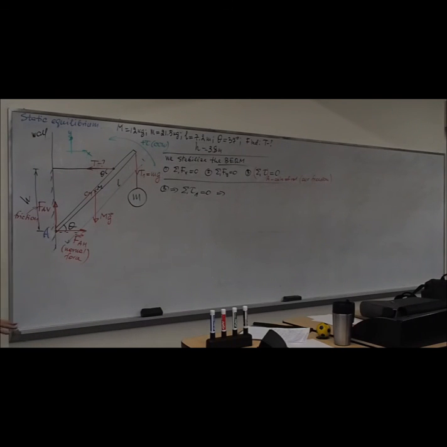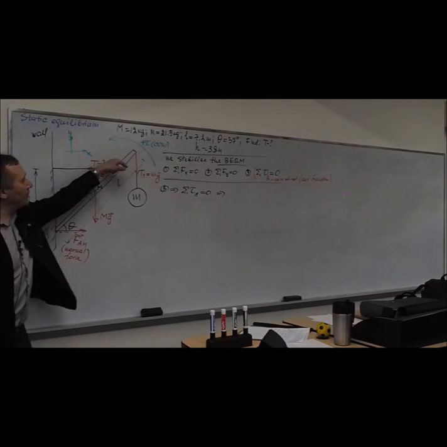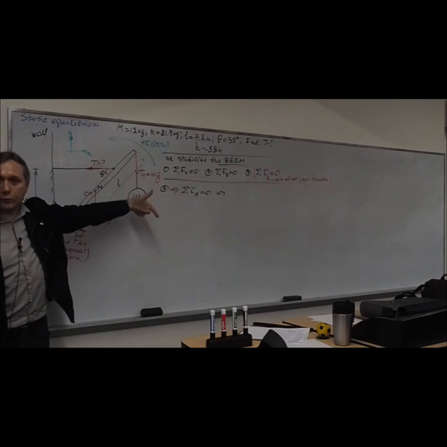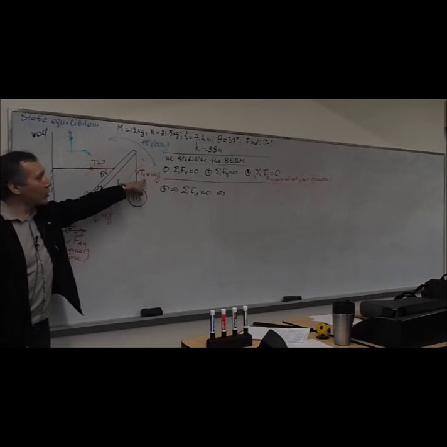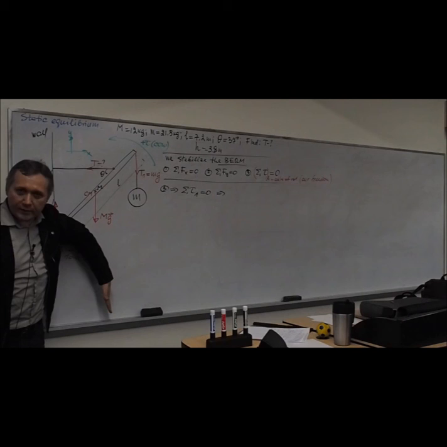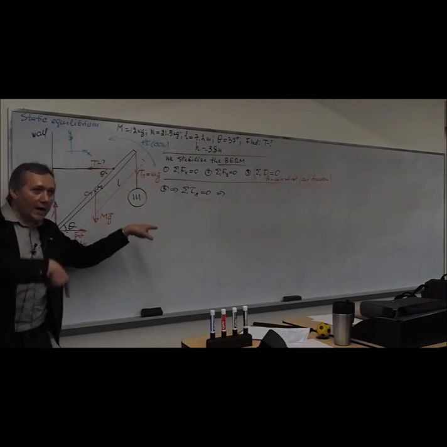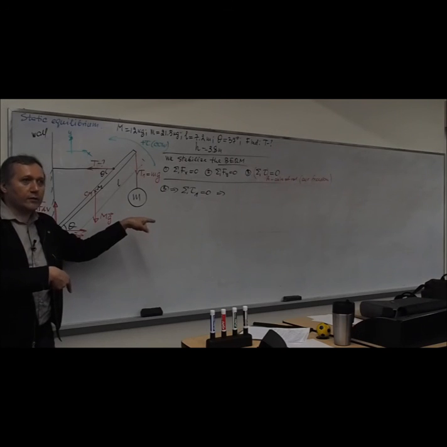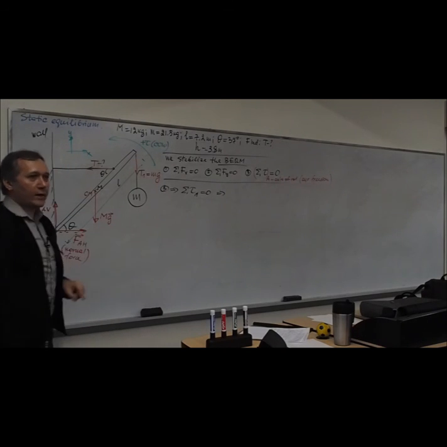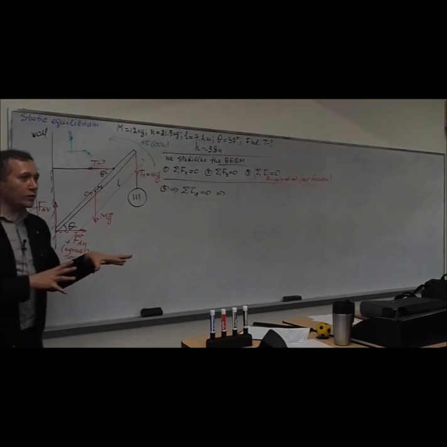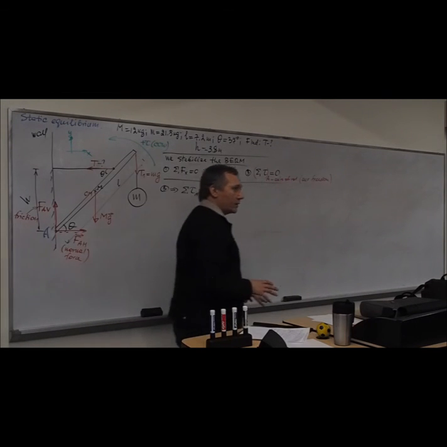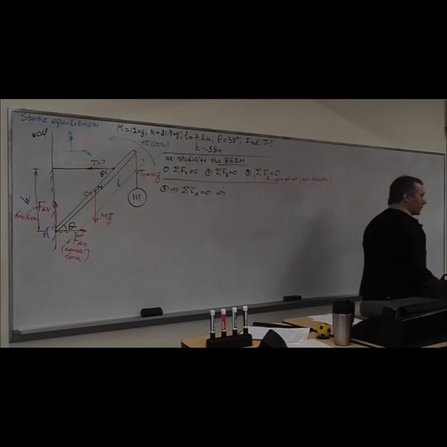Empty the whole field except for axis, beam, force. What will be the direction of rotation because of this force? Of course, the beam will be moving this way. So it means that this force tries to create a rotation in a clockwise direction. Just the individual contribution from that force, contribution to the rotation.